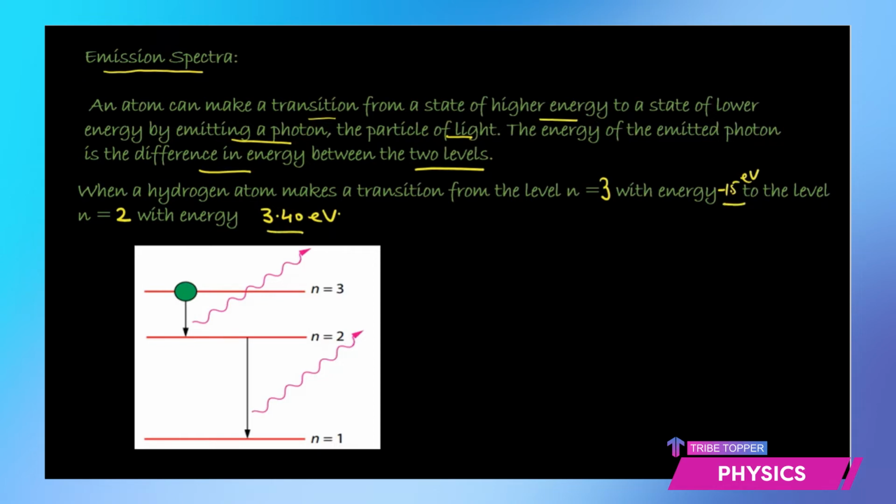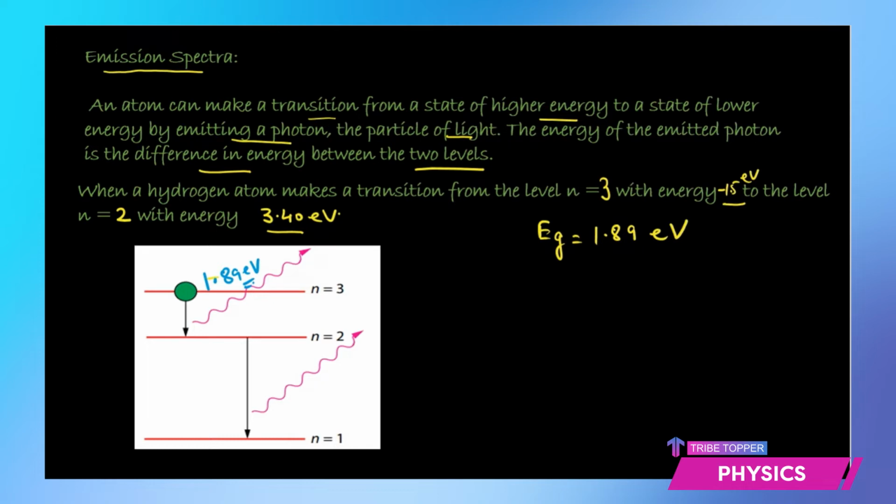When you subtract the two energies, you get 1.89 electron volt. So this much is the energy gap between the two levels. This electron in the state n is equal to 3 has an amount 1.89 electron volt of extra energy. So when this photon is emitted, it is of energy 1.89 electron volt.